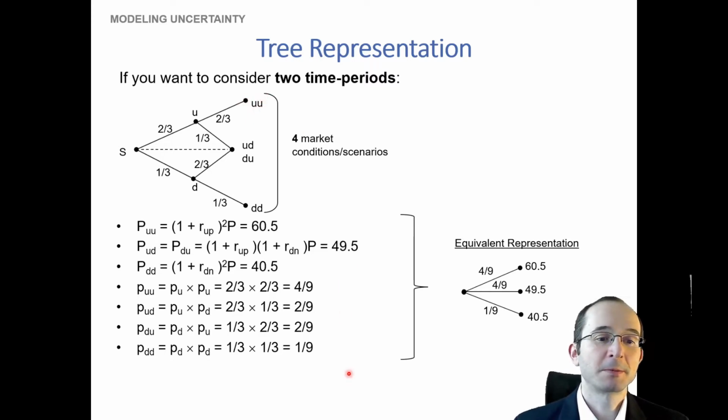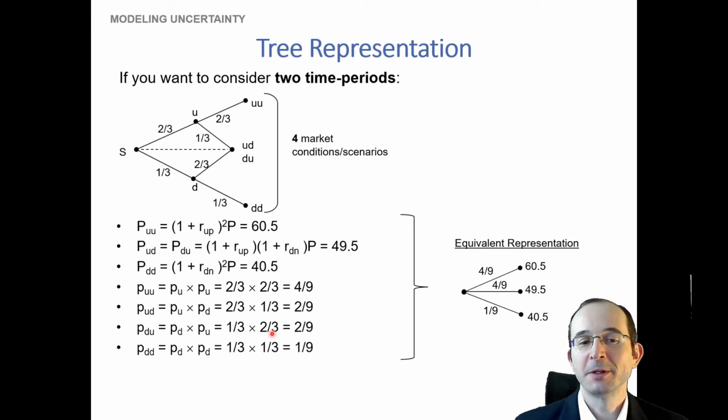What about ending up in the state UD, first having gone up and then going down? Well, the probability of an up move is 2/3, probability of a down move is 1/3. We multiply those together, and we get 2/9. What about the other state that really gets us the same outcome, DU, probability of having gone down first and then up?